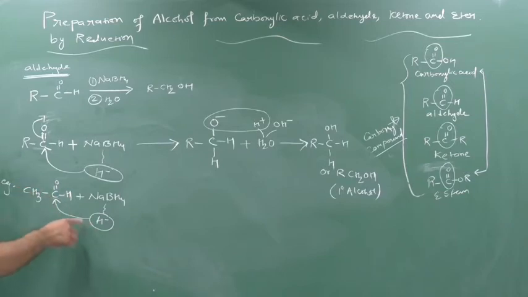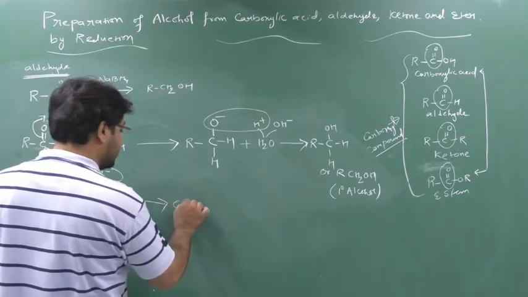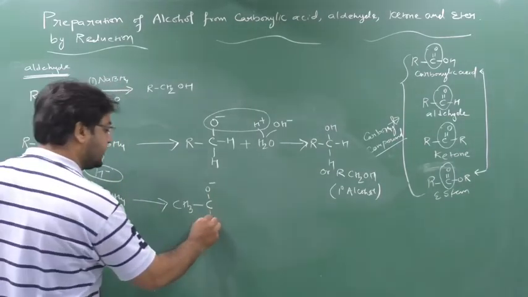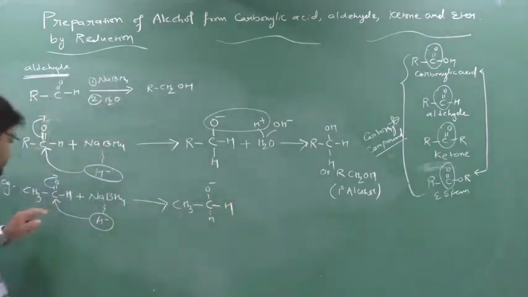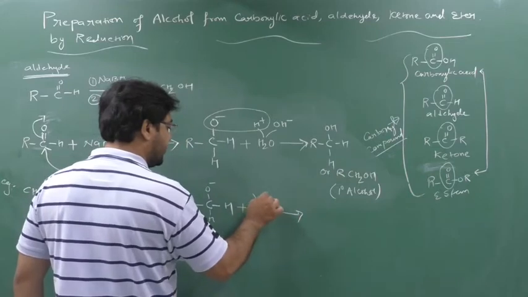When carbon makes a new bond with this H minus, this bond is broken and the electrons enter this oxygen. So I will get CH3, CO minus, with H attached, and here there will be H. Clear? This is the first step. In the second step, I will get H2O. This H2O also will break and form what here?